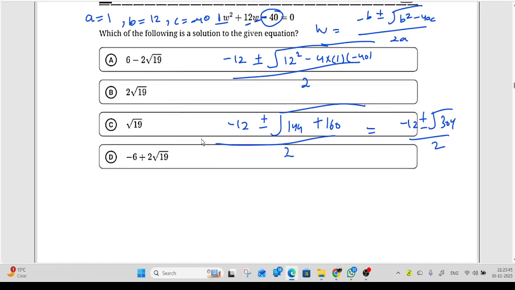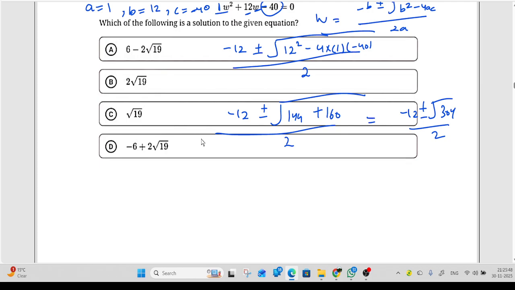Now 304, basically if you factor it, if you divide it by 2, you get 152, then 76, then 38.